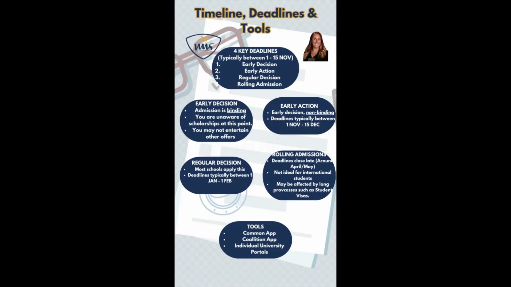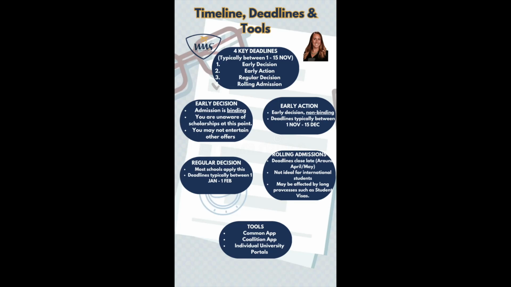I've listed Common App and Coalition App. Those are the two biggest, the two most popular ones. But there are a couple others that are smaller and more limited, and that you will find out about on the university's admissions website if they need you to go through that portal specifically.